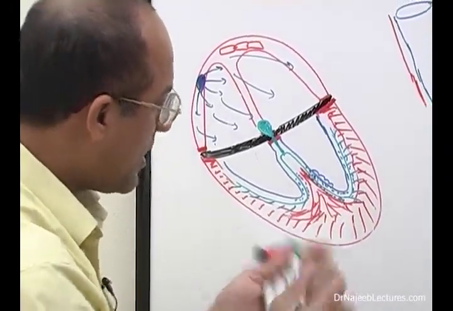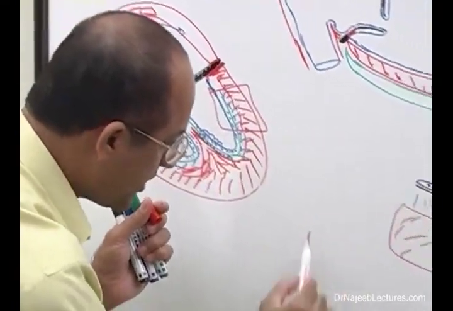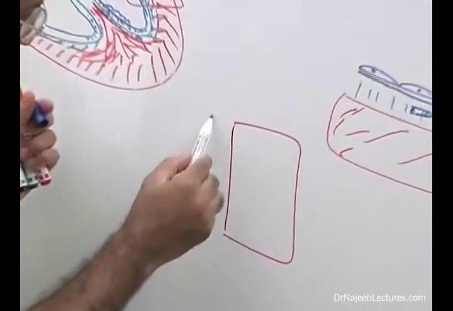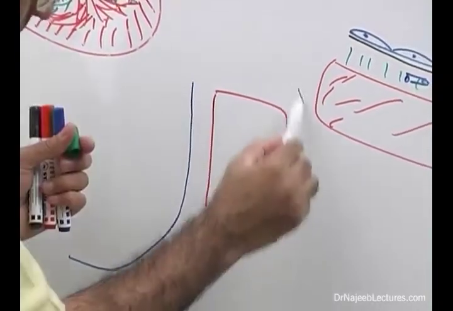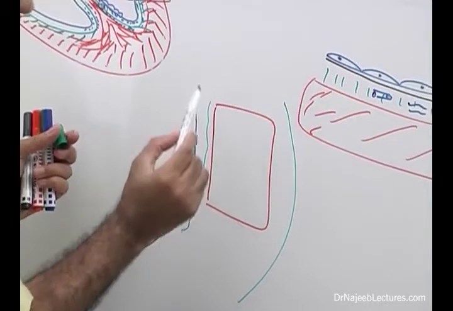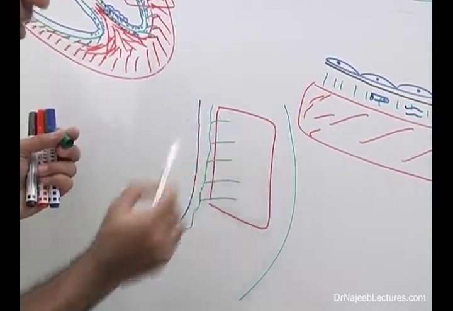Again, if I dissect this area of the left side, this is the myocardium. Here is the endocardium, and here is your pericardium. And here is your bundle branch going on, or conduction system. From here, these are the Purkinje fibers.